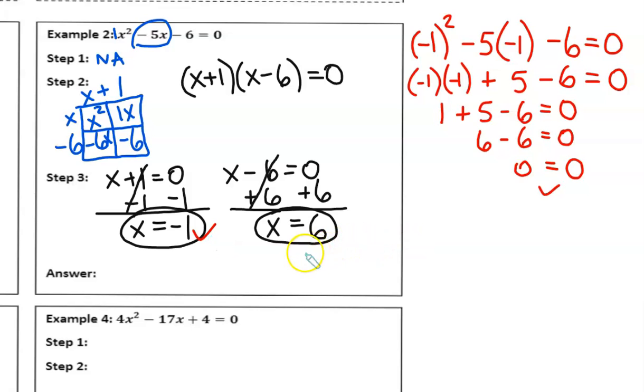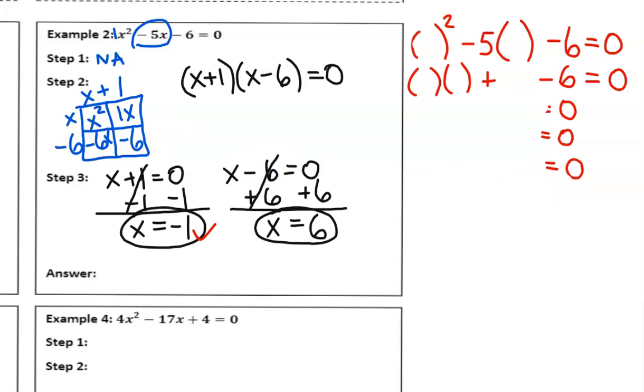All right, so then I could go back and check x equals 6. So let's plug a 6 into here. Putting in a 6 in here, that's going to change, and probably the rest of this is going to change.